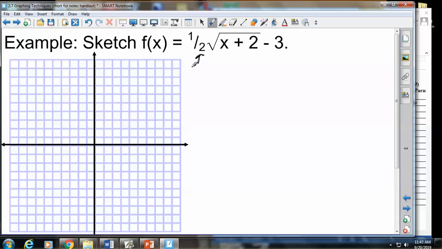What will that 1/2 do? Vertical shrink. What will the plus 2 do? Left 2. What will this minus 3 on the end do?